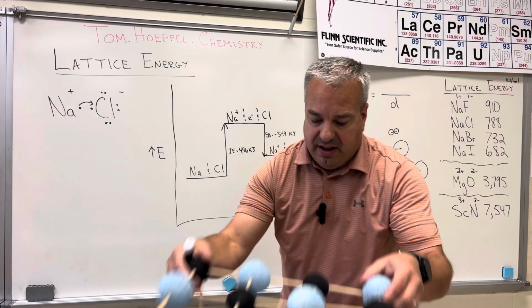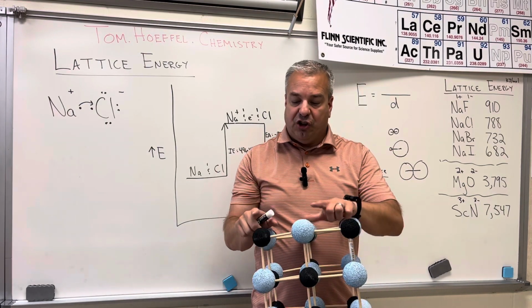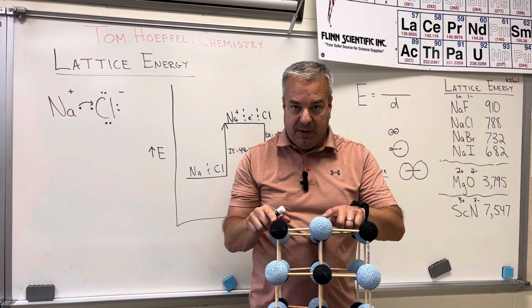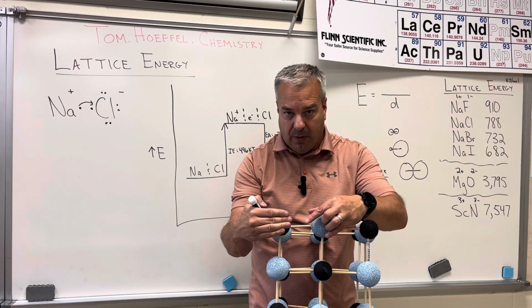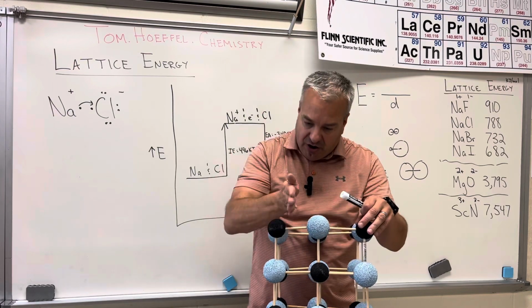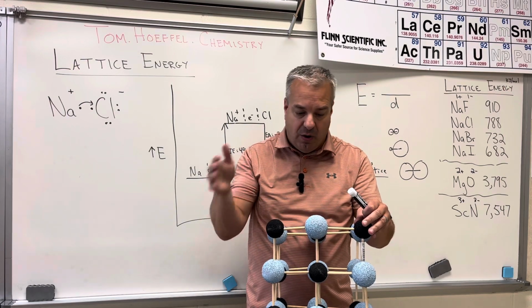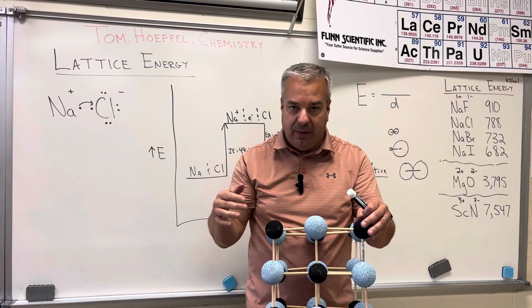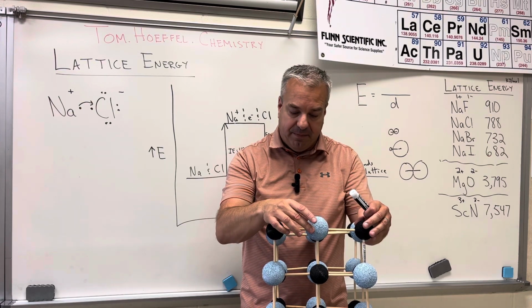So if we take a look at our lattice, as the charges of the ions become larger and larger, they're attracted to each other more and more. And the more attraction you have, the harder it's going to be to break up the lattice. So a +3 and a -3 is going to be much stronger than a +1 and -1.